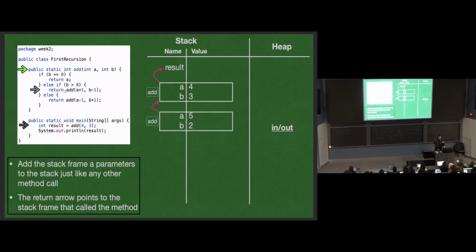Whenever we have a return arrow, it points to wherever the return value is going. We're not storing this value in a variable, so we're going to just point it to the stack frame that called it. So whenever this returns, it's going to return its value into this stack frame, so we just have the arrow point to that stack frame.